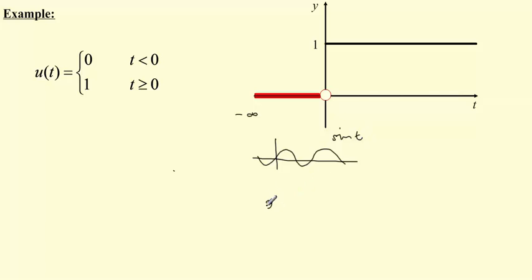Now if I come up with a new signal, which equals u(t) multiplied by sine of t, you will see that the curve of this new signal will start exactly at 0 and oscillate towards infinity. Why does it start at 0? Because this unit step before 0 is producing 0, then it multiplies the sine signal, so we don't see it here. It's just a horizontal line coinciding with the horizontal axis.